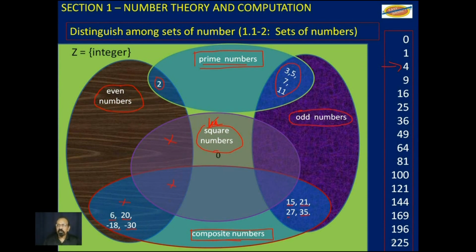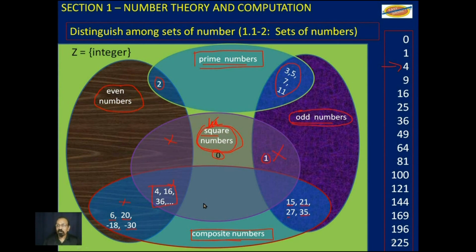So we fit 0 at this point. Remember, 0 is a square number. 1 is also a square number, but it is also an odd number. So it goes in this section here. Then we have 4, 16, 36. Those are square numbers.